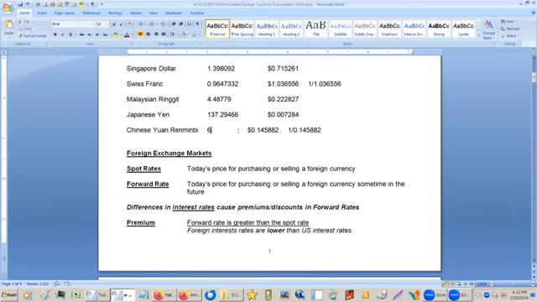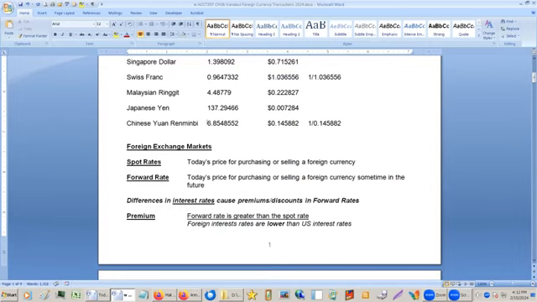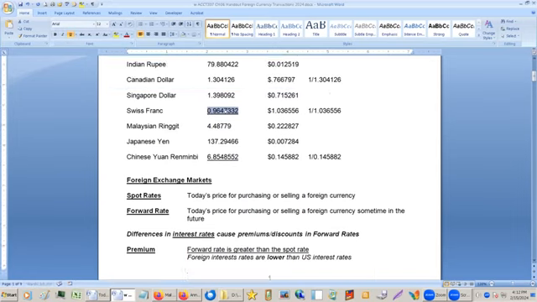So if we give it $1, it gives us 6.85 yuan. Okay. So you just take the inverse of it. Get you there.